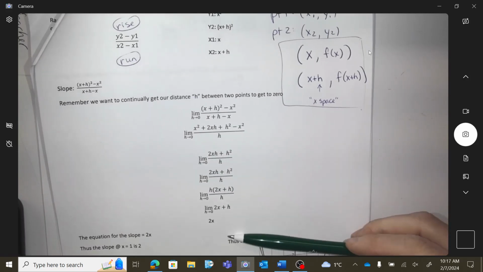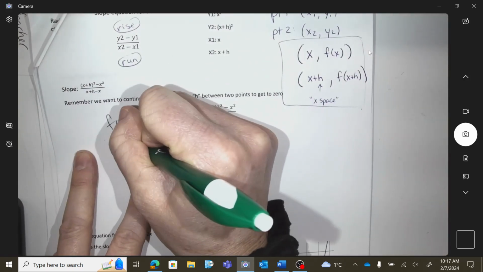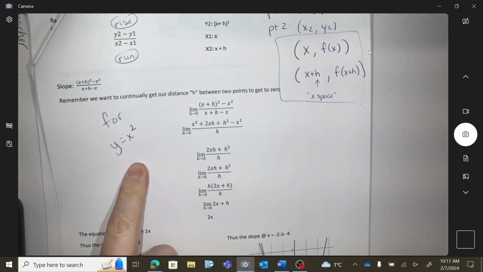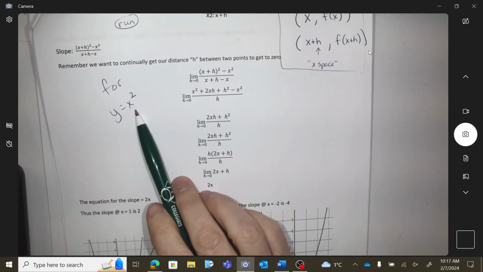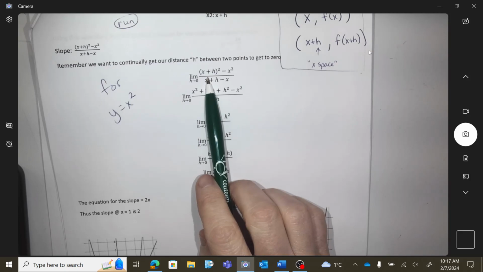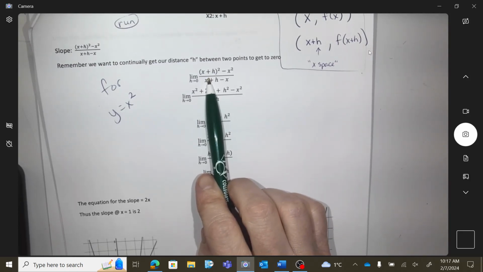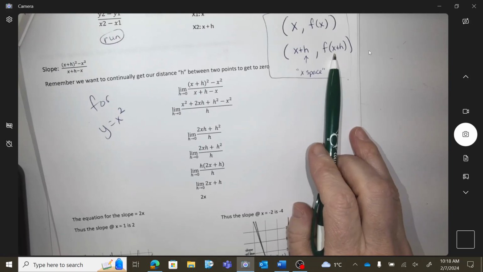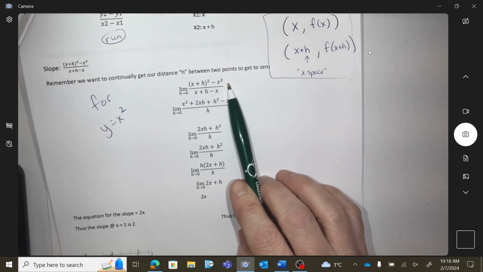Okay, so that's what's going to happen. So this example that I have out here is for the equation y equals x squared. So you can see what I did here. Y equals x squared. So instead of x squared, I wrote x plus h squared as my y2. Okay, that's what I did. X plus h squared minus the original.